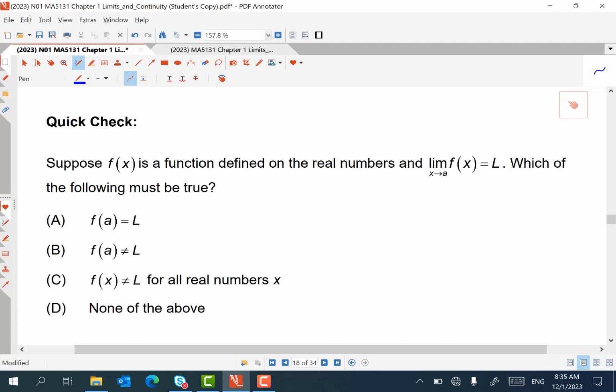Okay, if you are ready, on the count of 3. 1, 2, 3. D. Right, D. Why is it D, you know? Because we know that the limit and the function value may or may not be equal. So these two are not guaranteed. Okay?